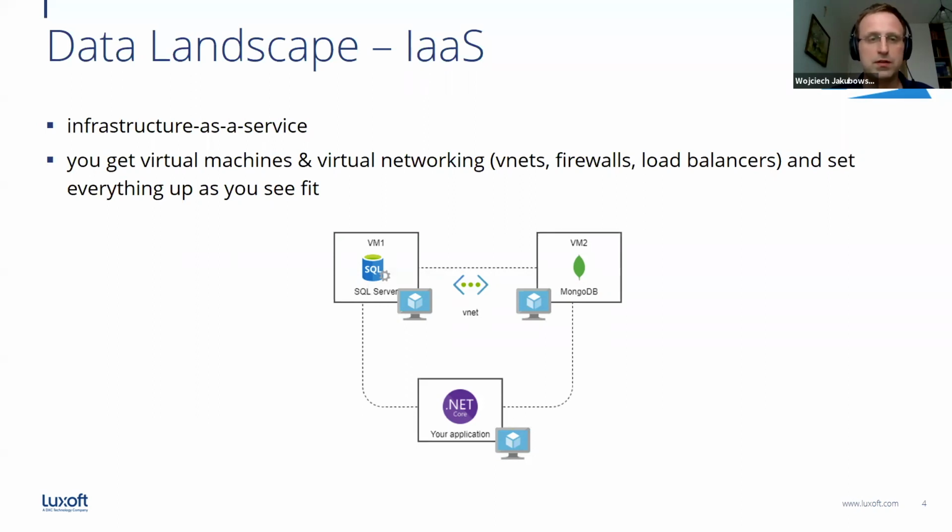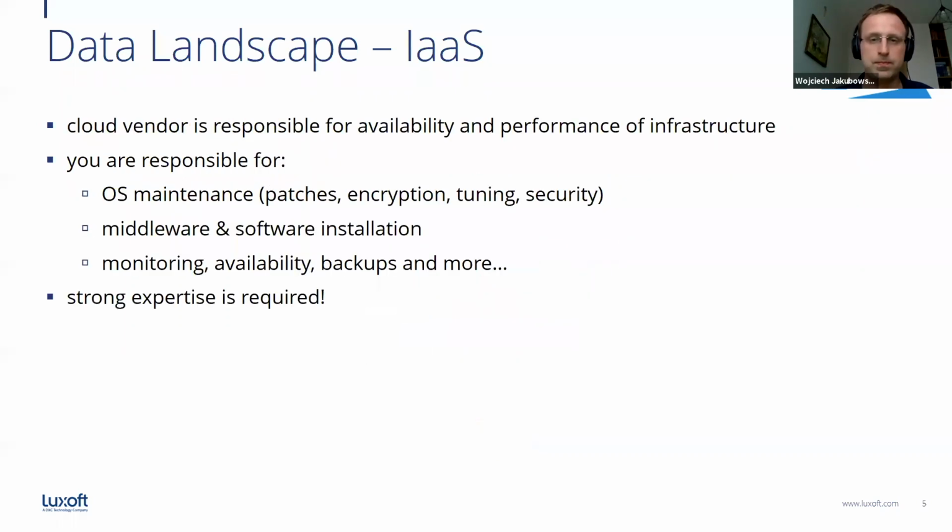So things like virtual machines, VNets, virtual networks, load balancers, all that. And you basically configure everything as you need. That includes setting up VNet connectivity and installing and configuring all the software, all the components on your own.